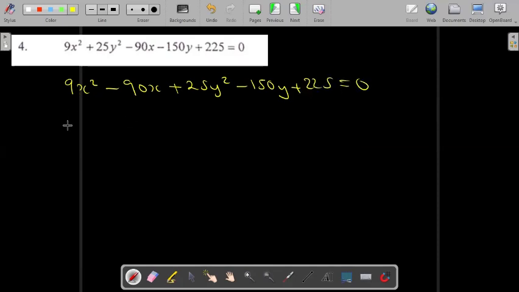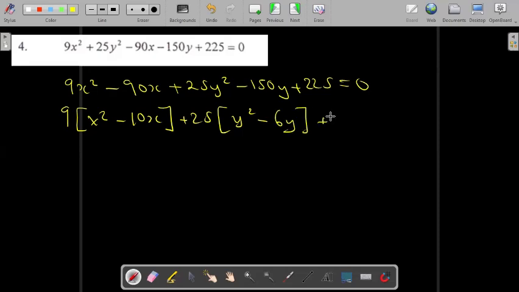Here I can factor out the 9, I remain with x squared minus 10x. Then I can factor out 25 here, such that I have y squared minus 6y, then plus 225 equal to 0.